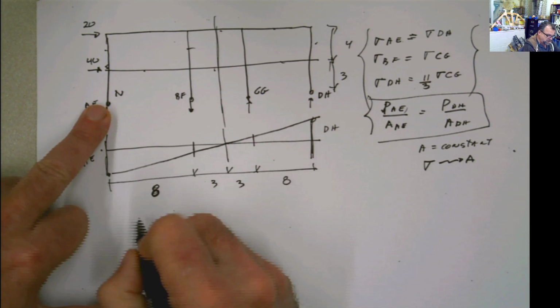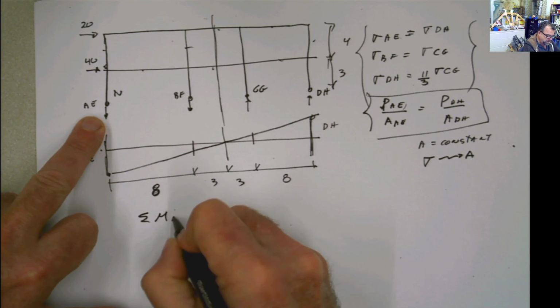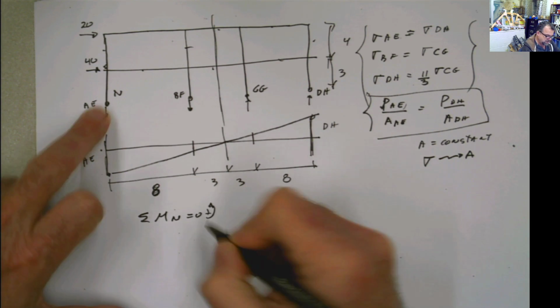So what we are doing here is doing summation of moments about the point N equals 0, like that.